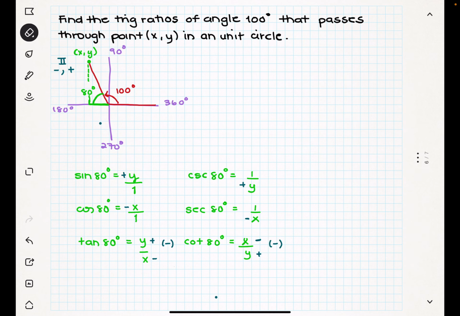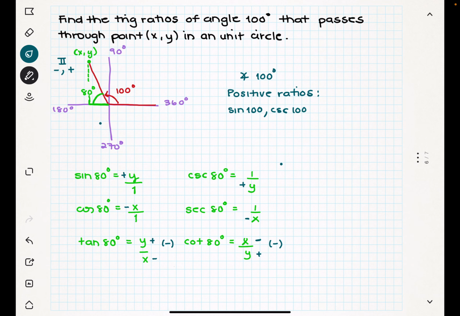All right? Okay, so now if I want to have the information for angle 100, I can say the positive trig ratios are going to be sine and cosecant, and that's it, right?